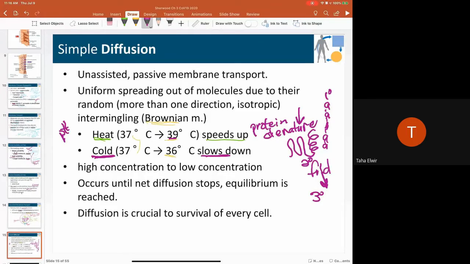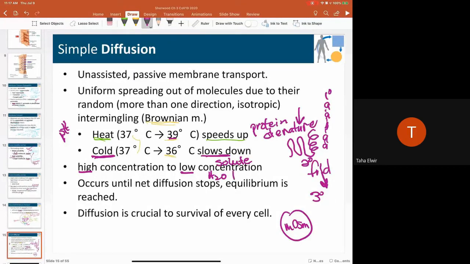So remember, simple diffusion goes from high to low concentration. And also the concentration, we're talking about the solute concentration. When we talk about the cell and we talk about milliosmoles, we're talking about solute, 300 solute concentration. Also, we have a water concentration to take into consideration.